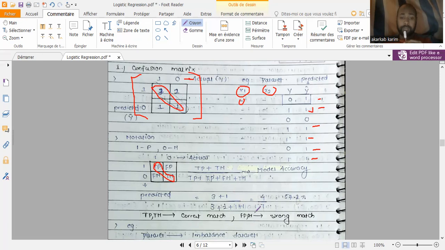So 3 plus 1 divided by 3 plus 1 plus 1 plus 1 is equal to 4 divided by 7.